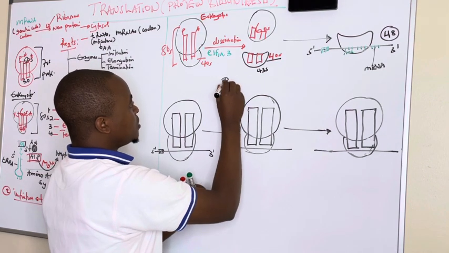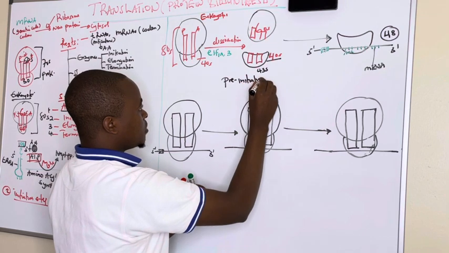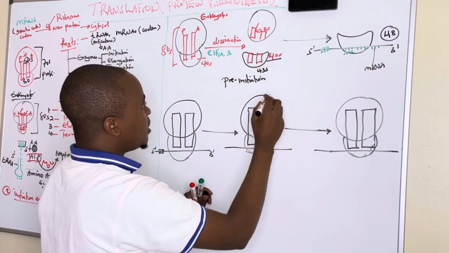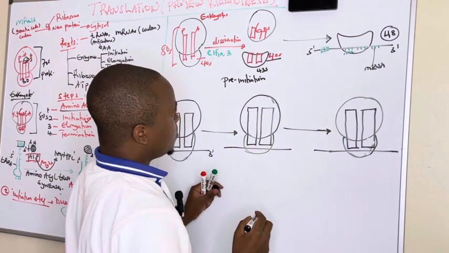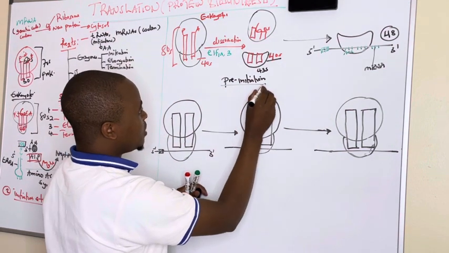the pre-initiation complex, whereby we are going to add the mRNA. But before we add the mRNA, how do we form the pre-initiation complex?